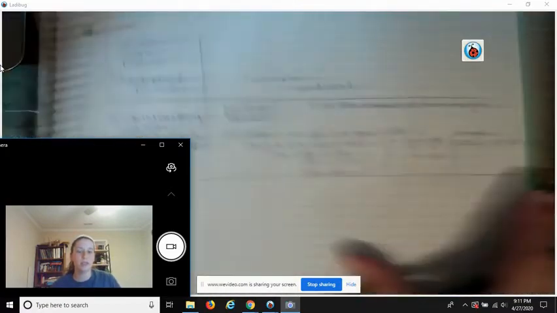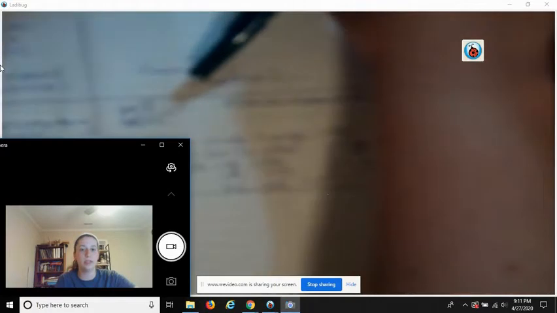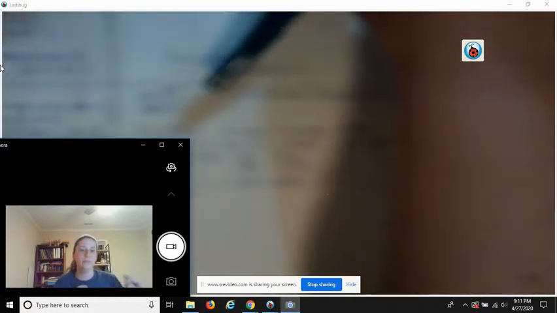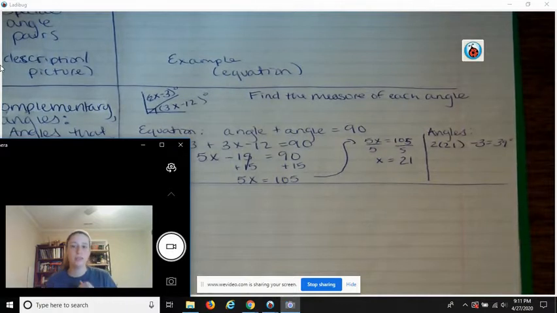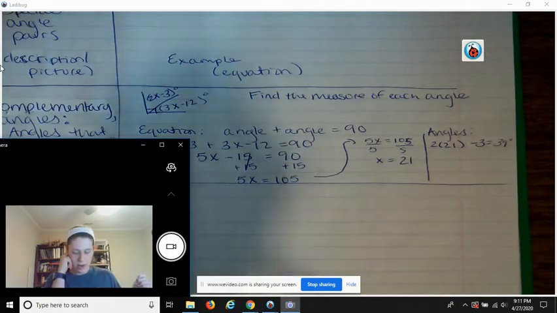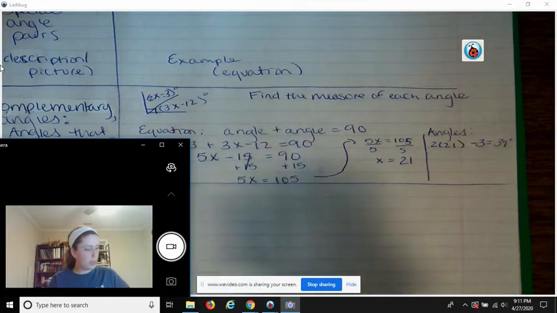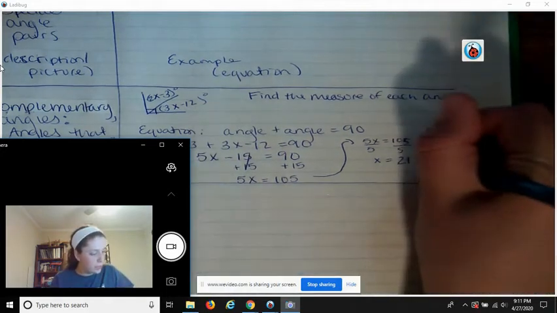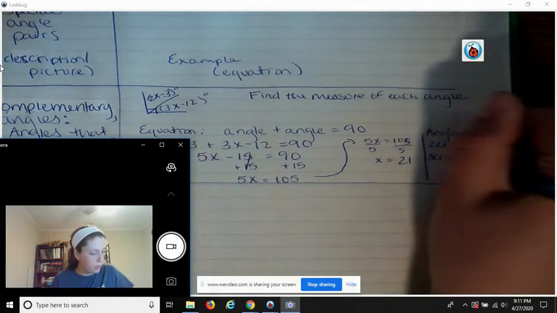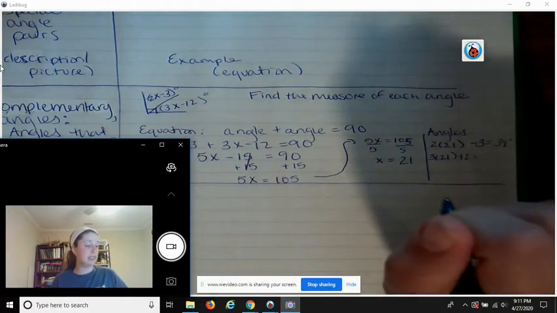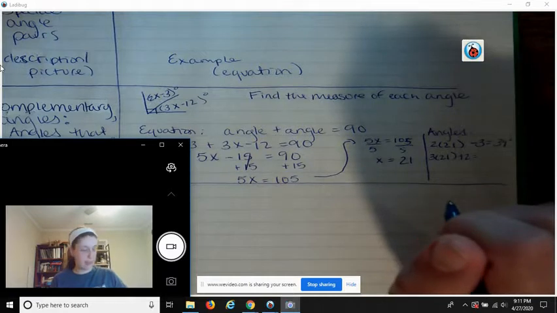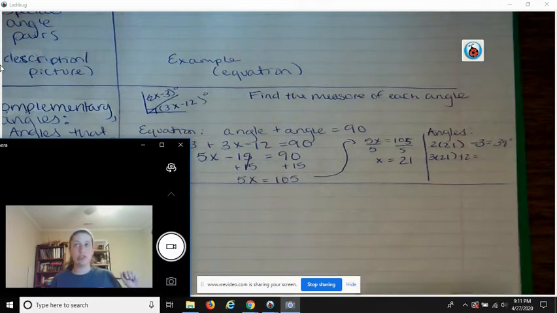Let me zoom in. I will obviously post these so you guys can see everything afterwards. And then my other one would be 3 times 21 minus 12. 3 times 21 would give me 63. 63 minus 12 should give me 51.